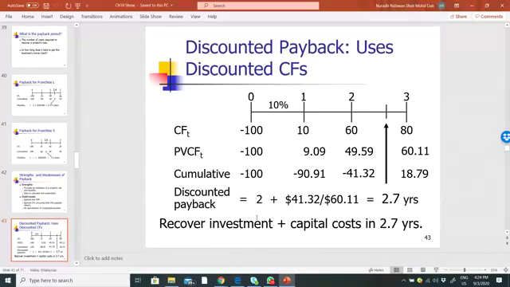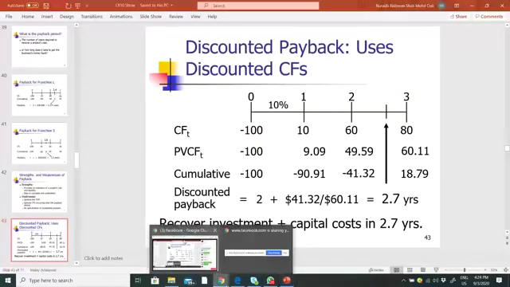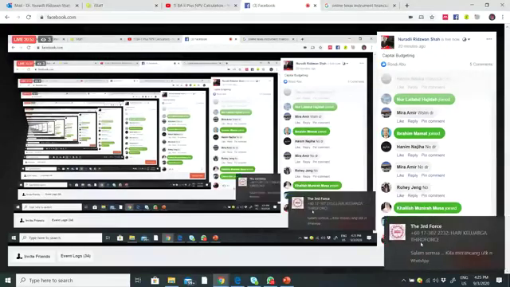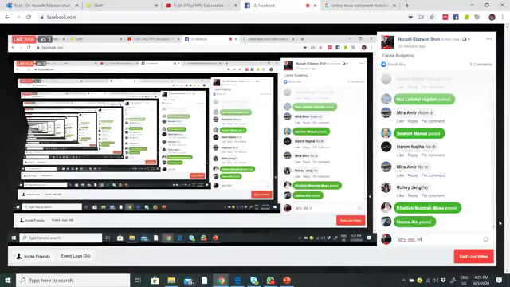Before I go into further detail, I'd like to see whether you understand the capital budgeting. NPV, IRR, MIRR, profitability index, and payback period.